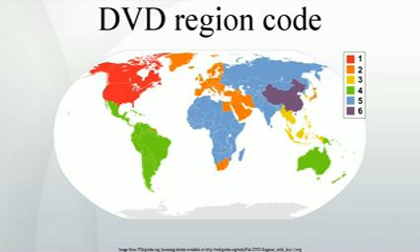Again, NTSC discs can be played on most DVD systems worldwide, while PAL discs play on very few players outside of PAL/SECAM countries. Most computer-based DVD software and hardware can play both NTSC and PAL video and both audio standards.